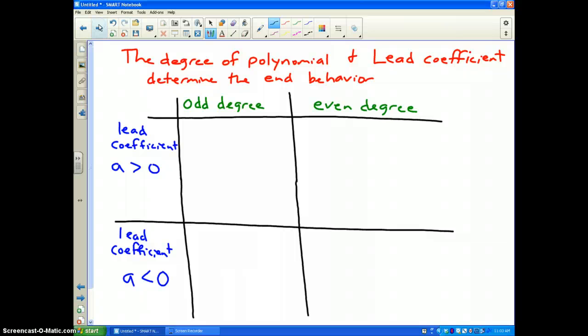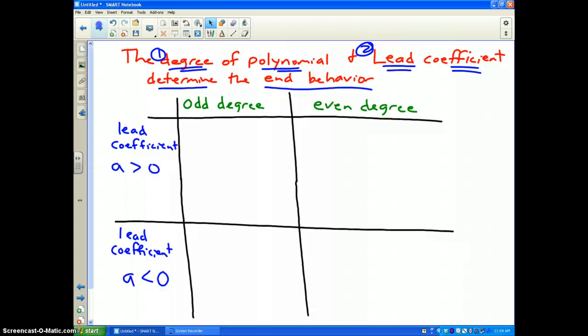Now, very important and the most important part of this section, the degree of the polynomial and the lead coefficient will determine the end behavior. Number 1, look at the degree, and number 2, look at the lead coefficient. We're going to make a chart.